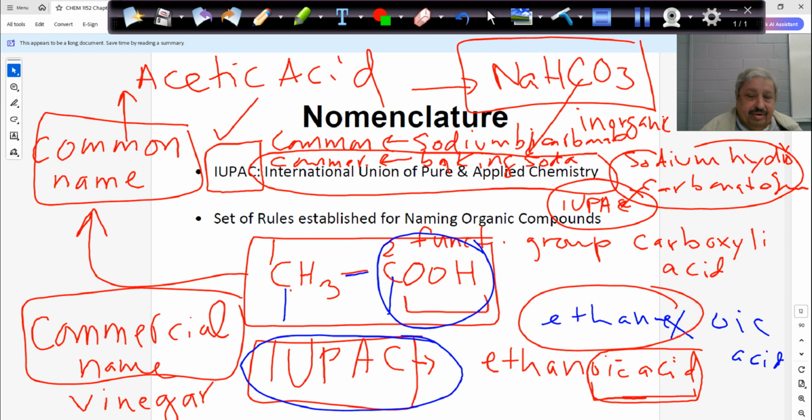So that's an ethane. Then you have a carboxylic group. The carboxylic acid will have oic acid. So we're not, by all means, going after common or commercial. We are just concentrating all quizzes, exams, and the final exam only on IUPAC naming. That's the real chemical name.